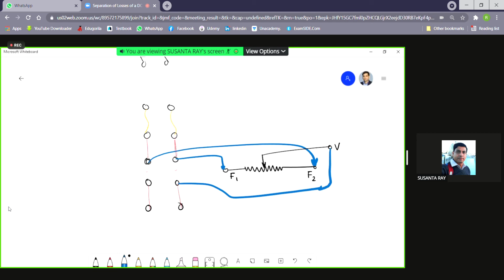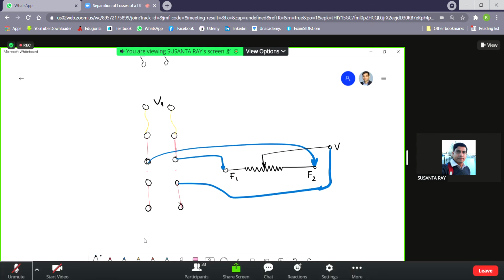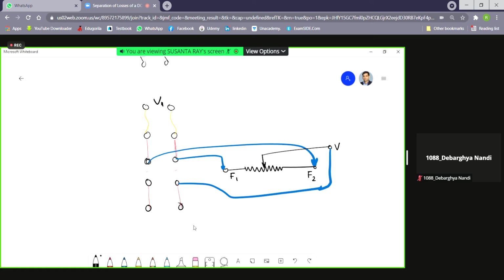Now you tell me between which two terminals we should get the variable voltage, because here we have the input voltage V1. Where should we get the V2, the output voltage? In the lower two points, sir. But generally we connect like this across.